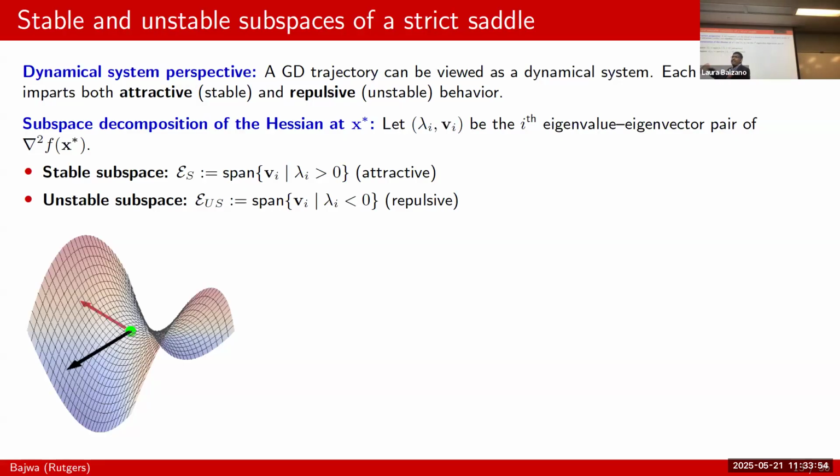First of all, it doesn't have any center subspace, because lambda equal to 0 is not an option. So I have eigenvalues lambda greater than 0, and they span what is called the stable subspace. The eigenvectors that span this are the subspace pulling your trajectories towards it. They are the attractors, in dynamical systems language, for your trajectories.